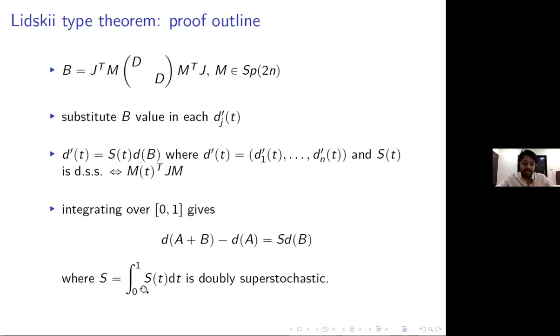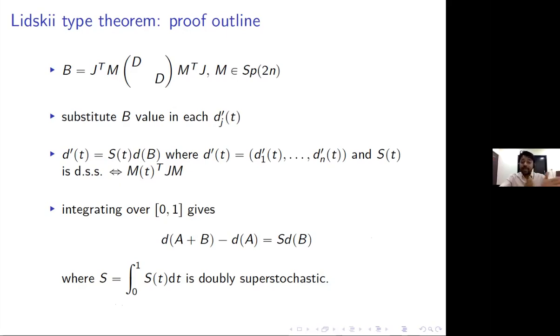And because S is an integral over [0, 1] of a family of doubly superstochastic matrices, S is a limit of convex combinations of doubly superstochastic matrices, and hence doubly superstochastic. This is exactly what we wanted to prove, and hence the proof of the Lidskii-type theorem is over.